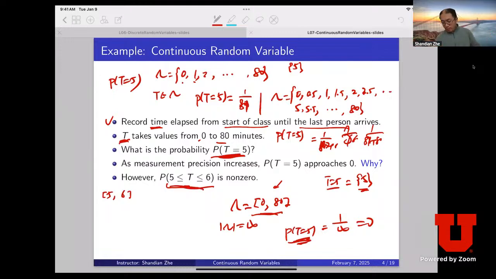This event is actually another set, which is a range, the interval 5 and 6. So now I want to ask, what's the probability you see this time within this range? Any guess?